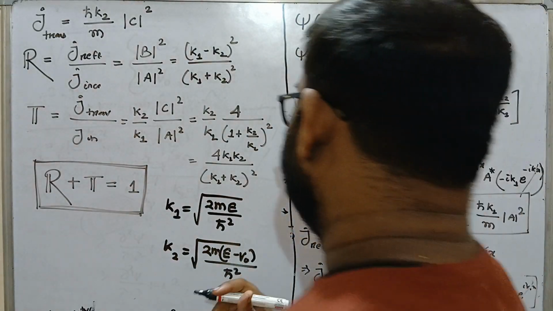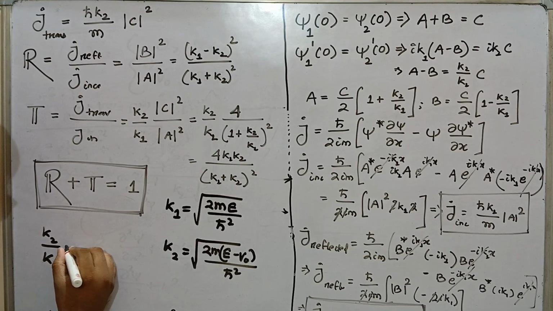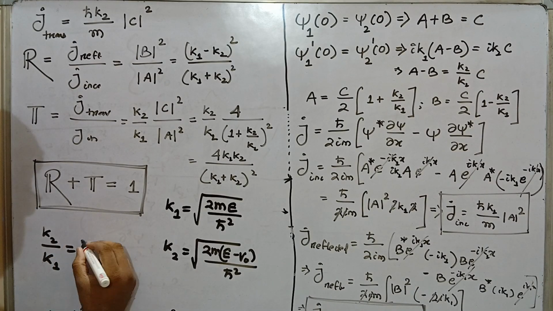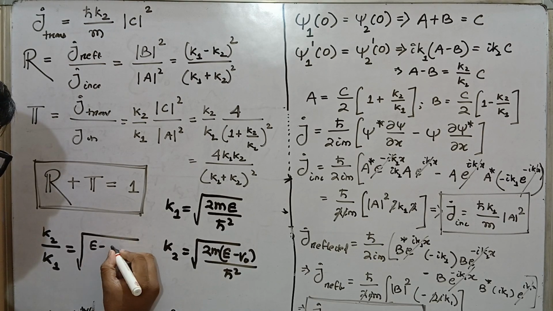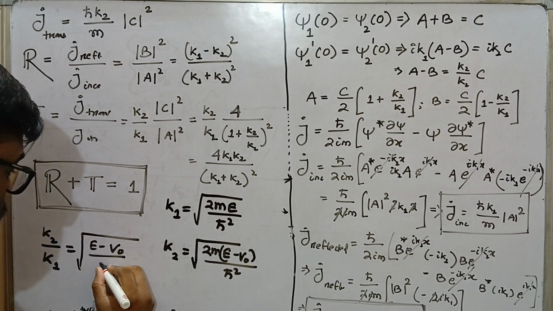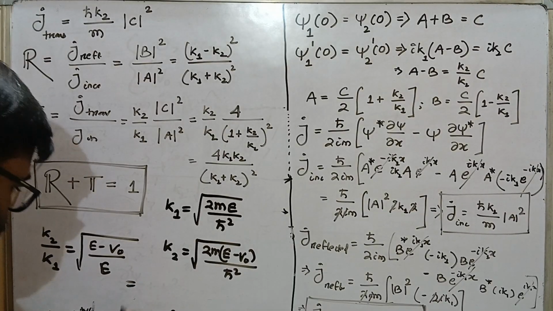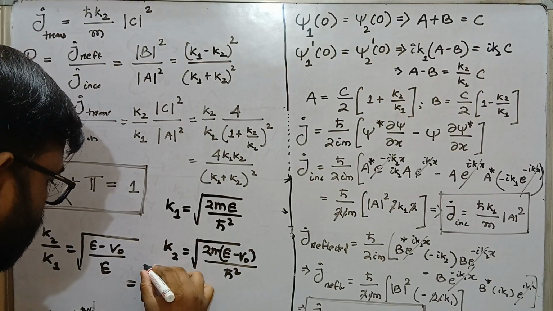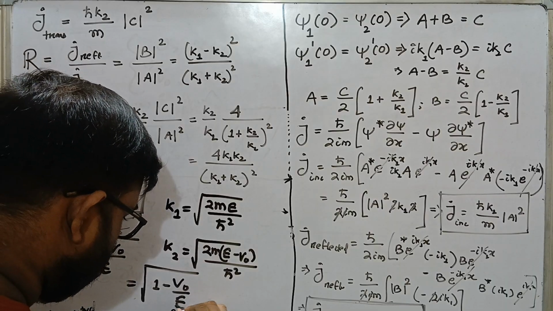Now if we assume a term k2 by k1 and define it as root over (E minus V naught) by E, which is basically root over (1 minus V naught by E).